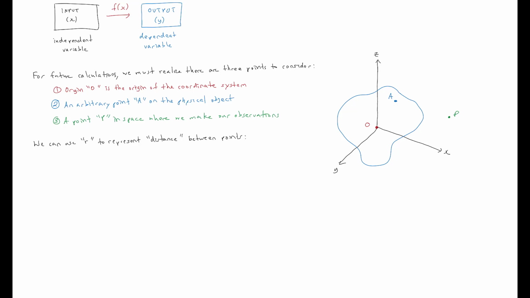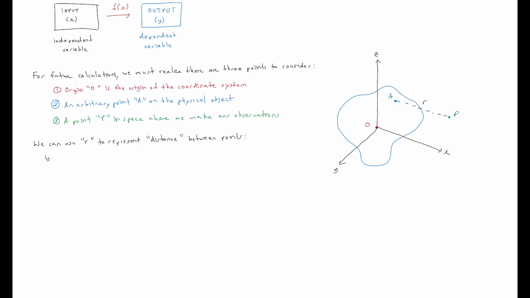So if we pick the line AP to be r, so let's say this is r, we have to realize that the lines OA and OP are not going to be the same, and we should probably give them a different name or a different subscript.